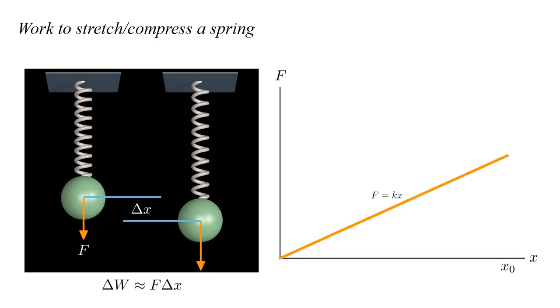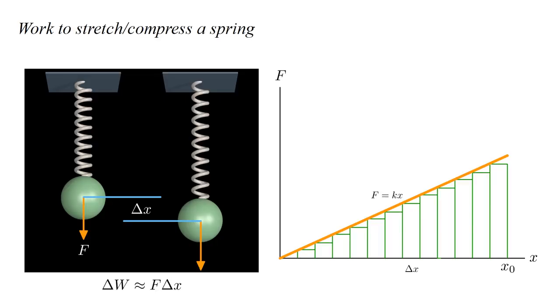The force is, ideally, given by Hooke's law: F equals a spring constant k times x. The small amount of work, F times delta x, is the area of the green rectangle. If we were to stretch the spring from x equals 0 to x equals x0, the total work done would be, approximately, the sum of the areas of all the green rectangles.